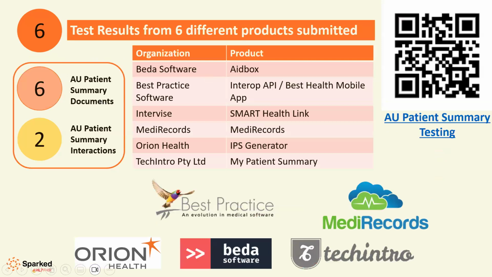So here's who was at the Connectathon, and here's who was testing patient summary. It's these 6 folks: Beta Software, Best Practice, Innovise, MediRecords, Orion Health, and Tech Intro. We're connecting with each other and with other systems and having a look at their particular use cases. And that's what we've got the results from at this stage of the early AU patient summary.